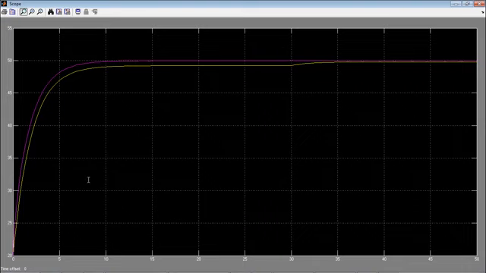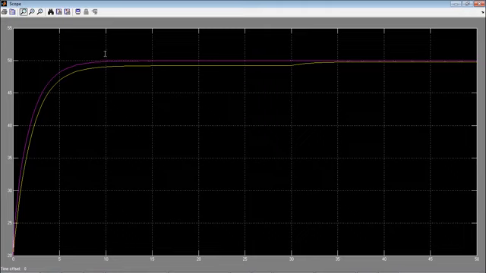Either way, this is not what I'm looking for now. This time I'm looking to increase the performance of the control system to make it control the temperature faster.